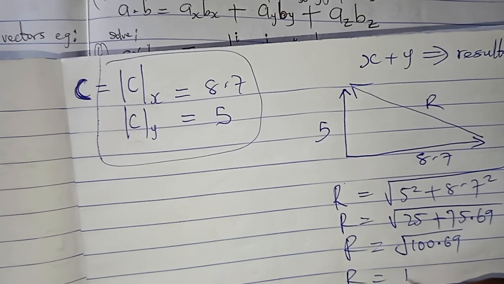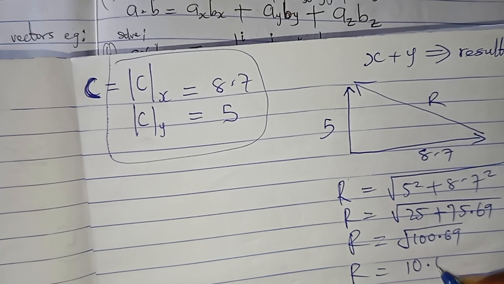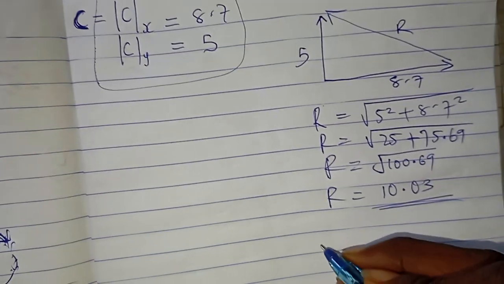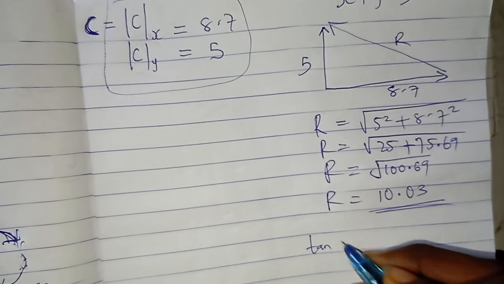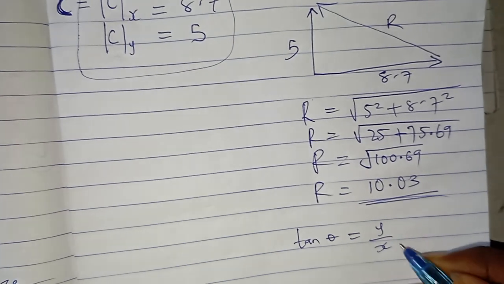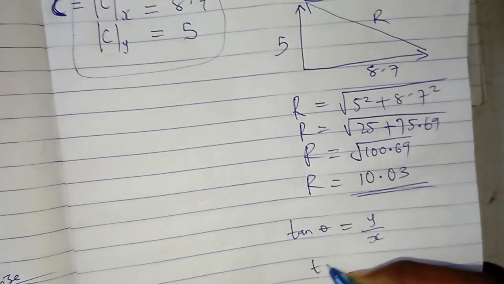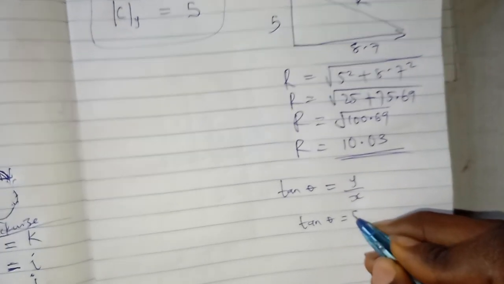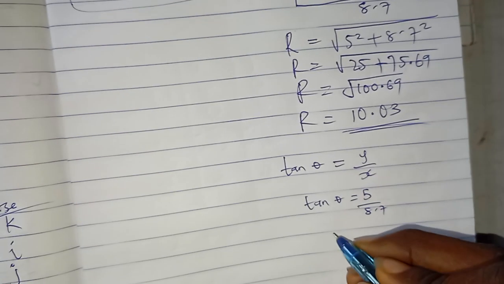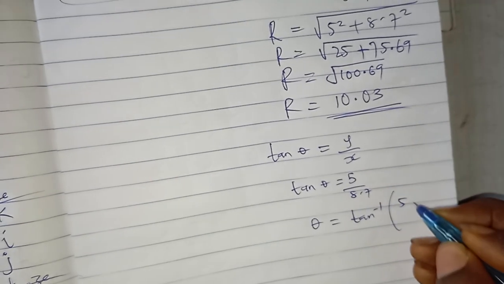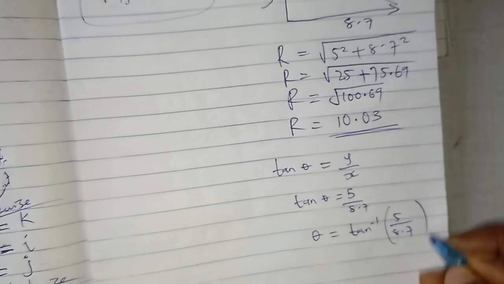R is equal to 10.03. That's my resultant. To find the direction is simply tan theta is equal to y over x. So tan theta is equal to 5 over 8.7. Theta is equal to tan inverse of 5 over 8.7.